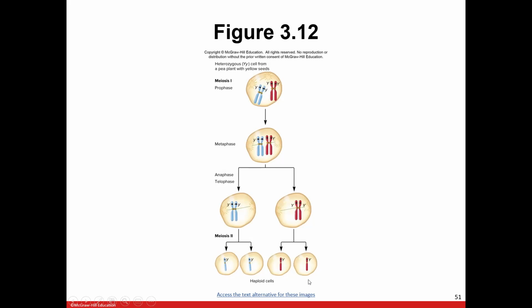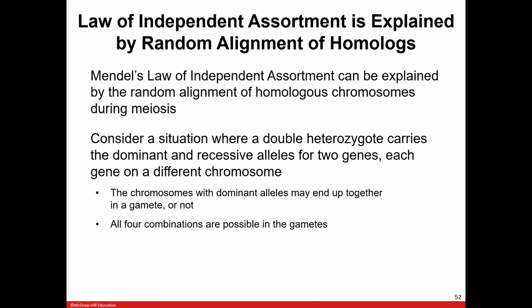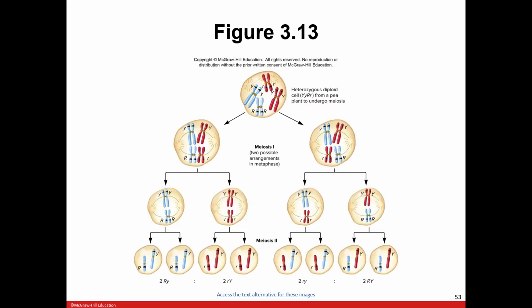This would have to happen for all of the chromosomes, though, not just one, as this picture shows. Because we had more than one chromosome in there, in this case you could have both blue chromosomes lined up on the left side and both red on the right, or you could have them flip-flopped.